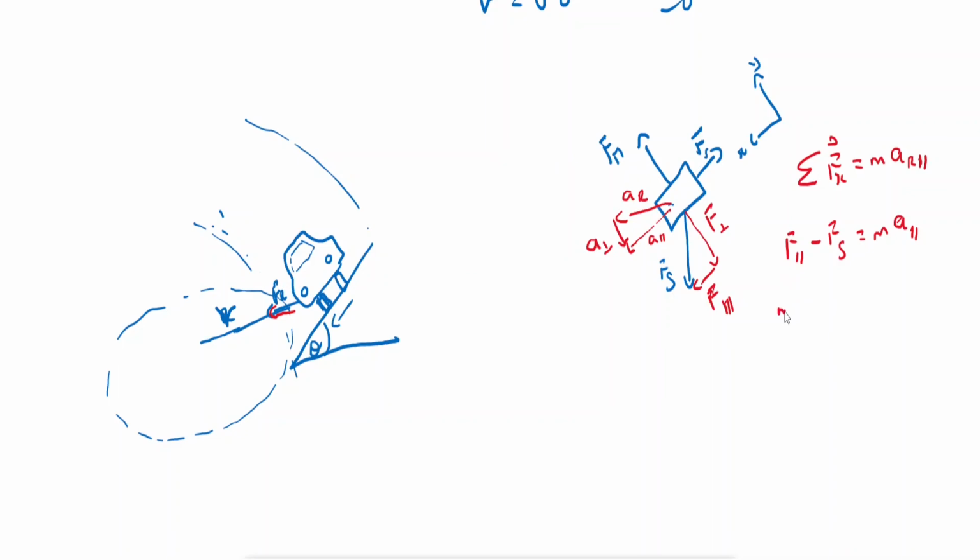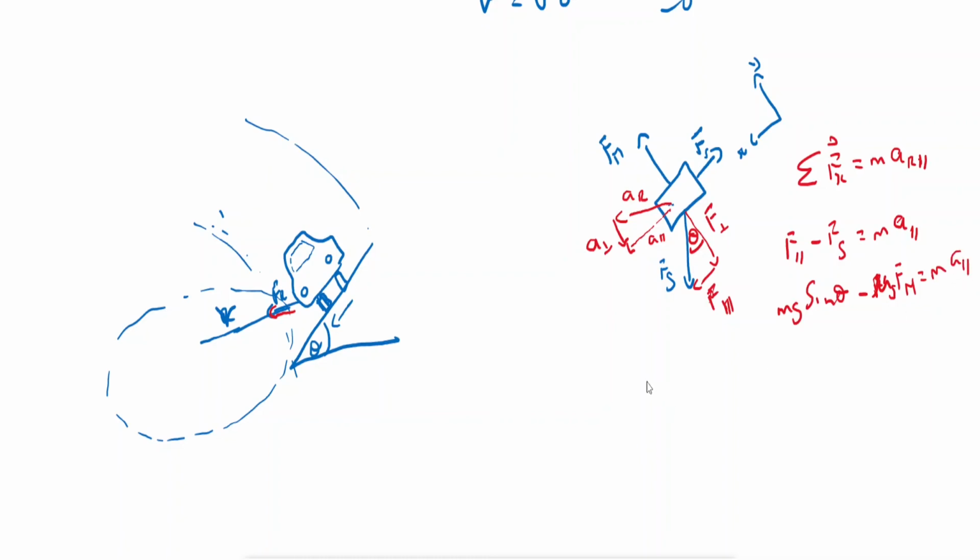You could substitute, this is the same as mg, and if I put theta here and it's parallel, it's going to be sine theta. And Fs is whatever Fs is. If you're looking for the coefficient of static friction, then this is going to be Fn, and then M A parallel.